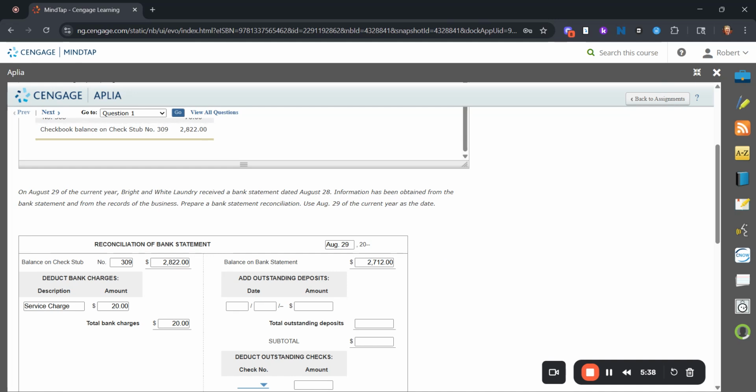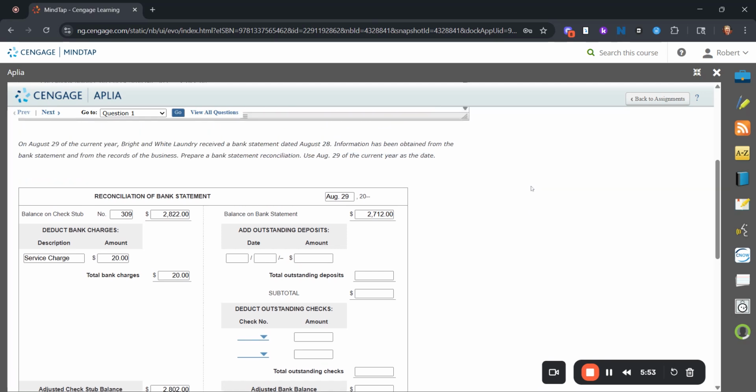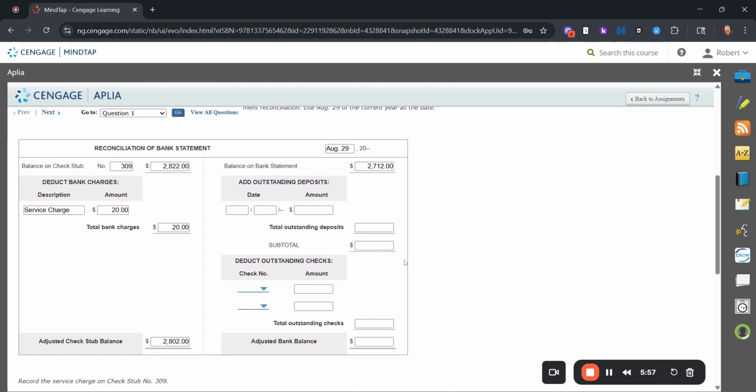So some things haven't been processed yet: deposits and a couple checks that were written. Those hadn't been processed yet at the time that the bank statement was created. So let's put those in on the bank side, because we've already reflected the deposits in the checking account.